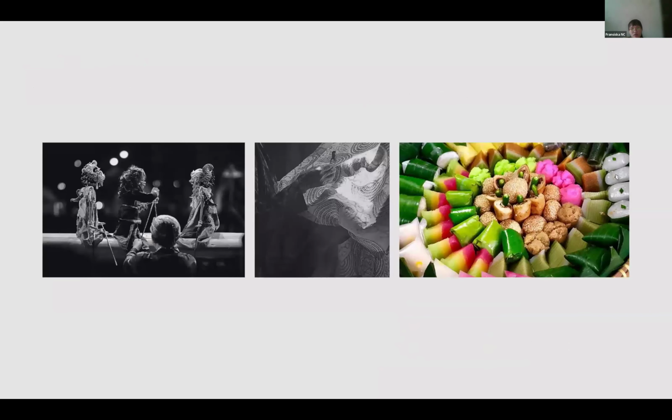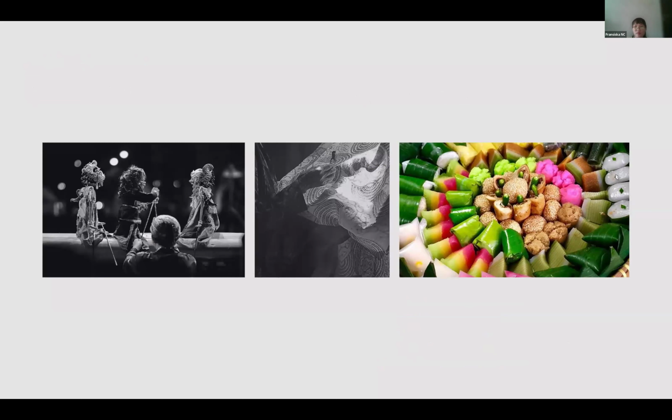I would like to start this presentation with 3 pictures. Look no further, there are definitely similarities in the pictures. As you can see, there is a puppet show or wayang show, there is batik, and there is also the famous kue basah, or jajanan pasar, or Indonesian traditional snacks.